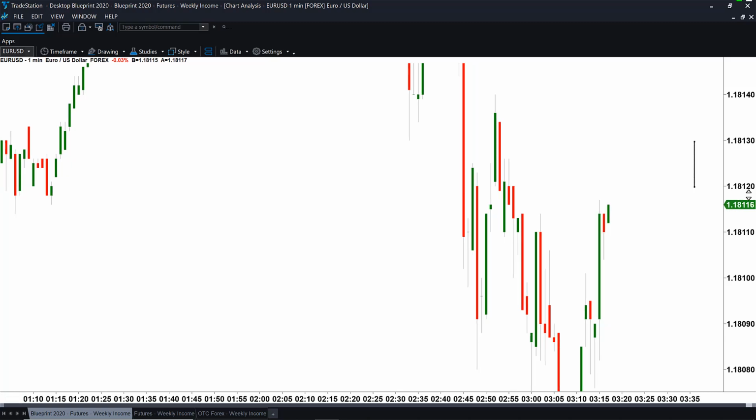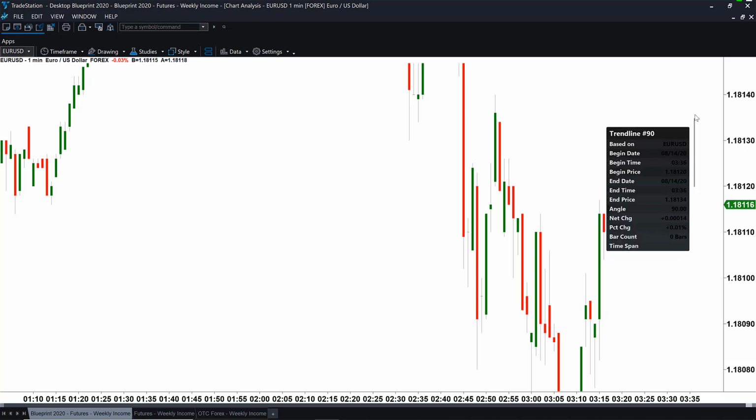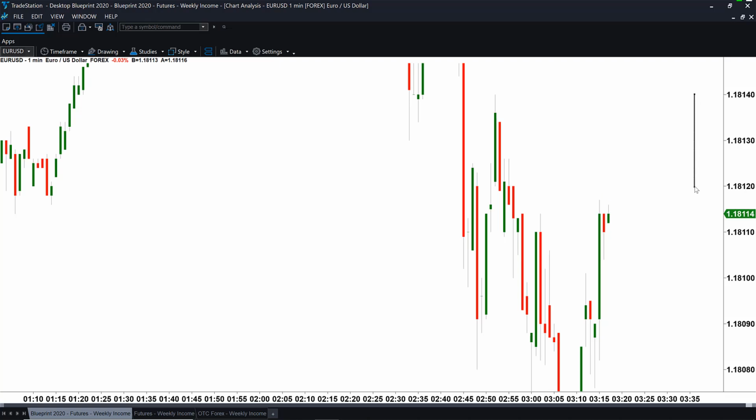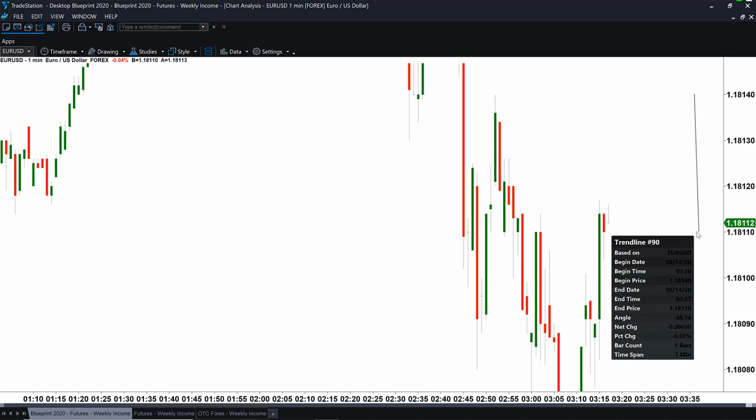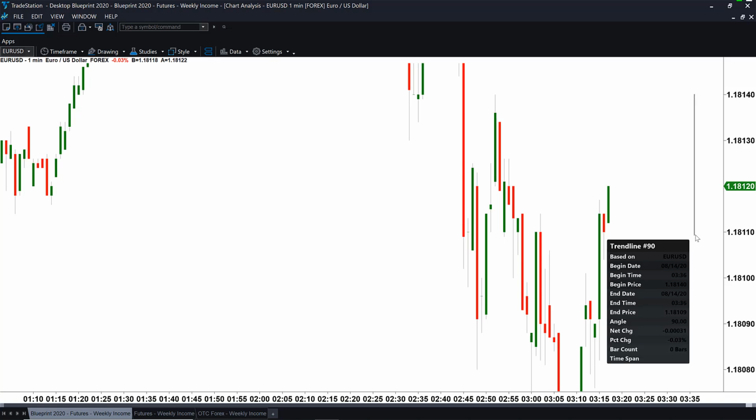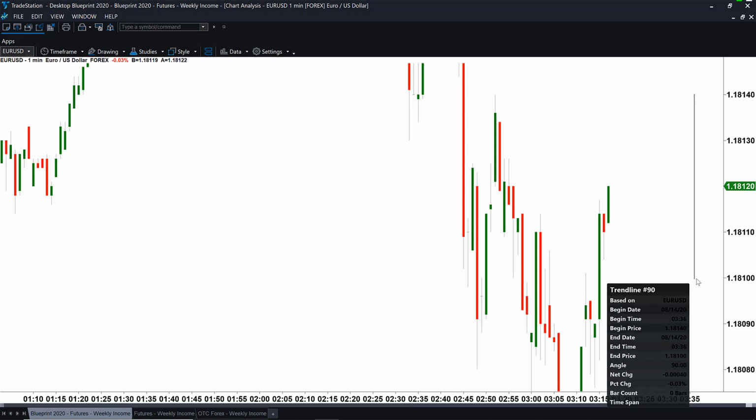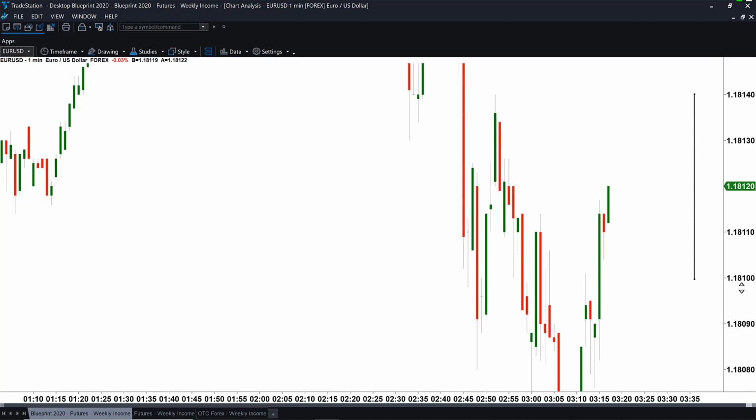So it would go from 2 here to 3 and then to 4. So this would be 2 pips. This would be 3 pips, right? This would be 1, 2, 3, 4, 5 pips, and so on and so forth.